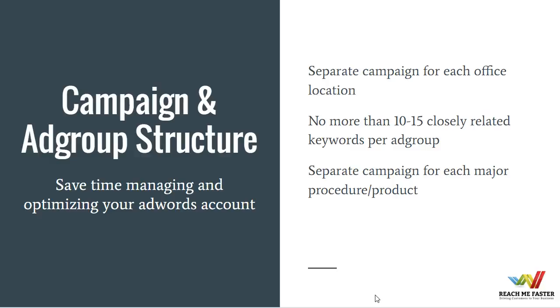So in order to make sure that your ad is highly relevant to all the keywords present in the ad group, it's better to focus each ad group on a single closely related theme, and that can only be achieved if you have less than 10, 15, maximum 10, 15 keywords within an ad group.